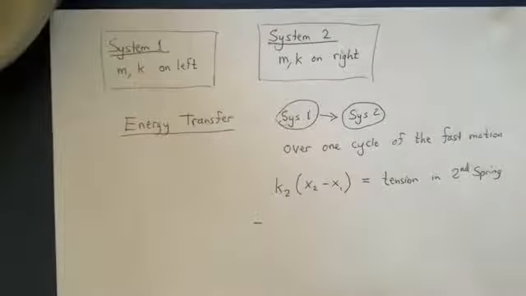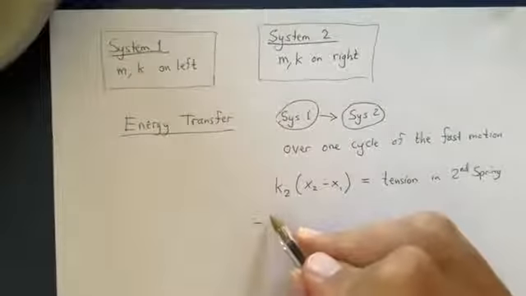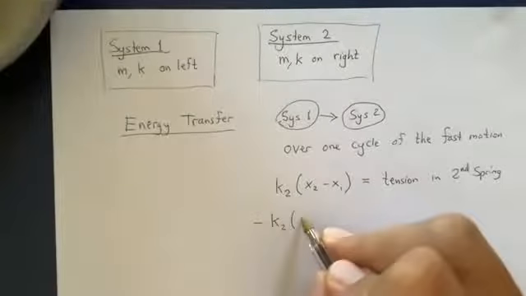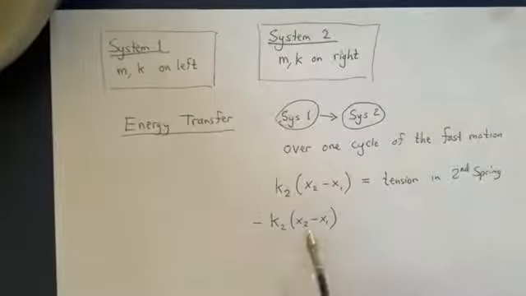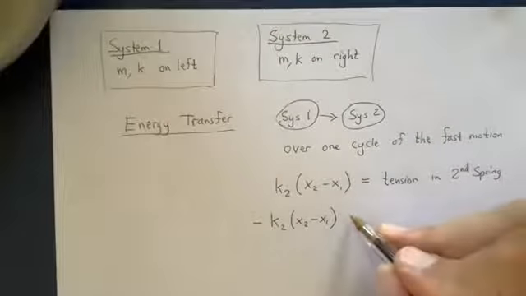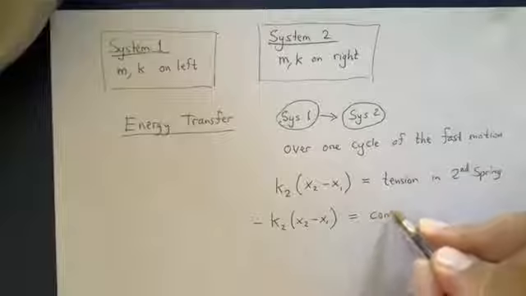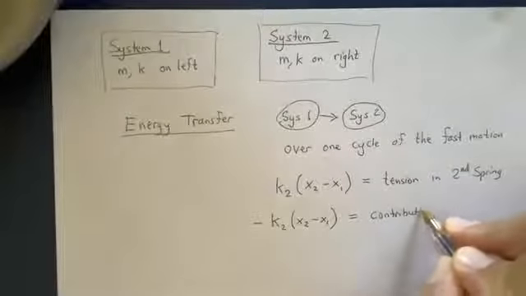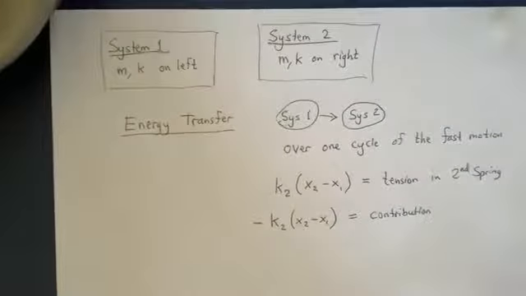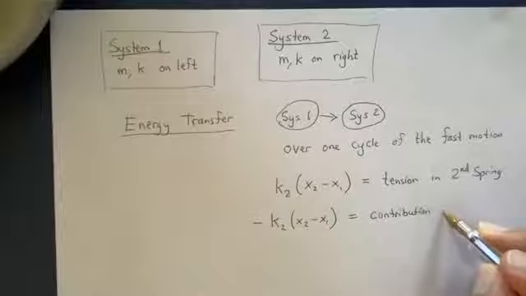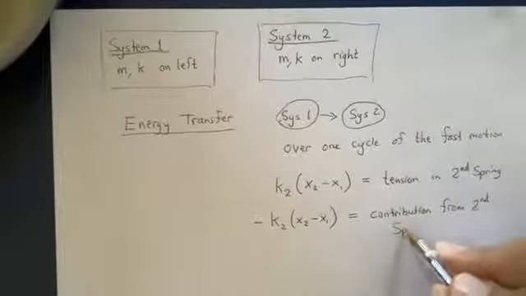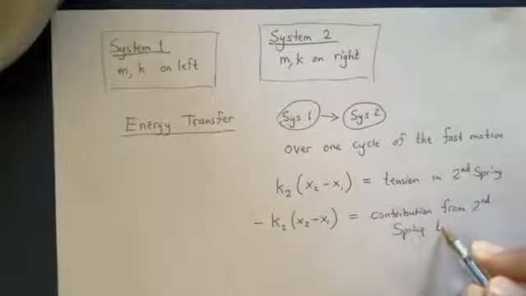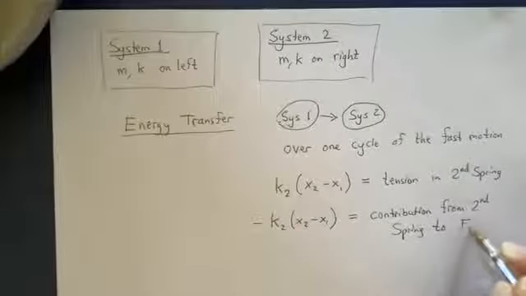It is with confidence that we can say minus K2 times x2 minus x1. This is the contribution to F2, the contribution from the second spring to F2.